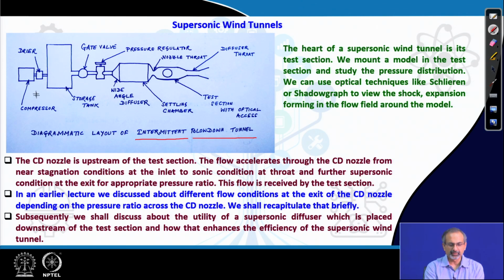So, it comprises of a compressor followed by a dryer, which dries the moisture content of the air, because later on the compressed air would be expanded very rapidly to a large extent through the CD nozzle, and at that time the water, if any, would condense.